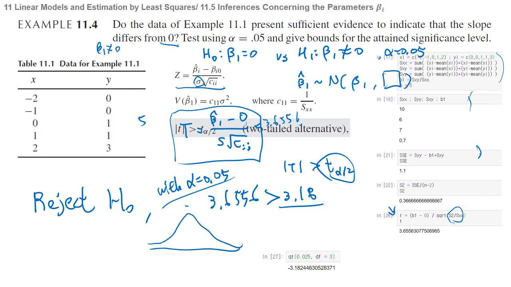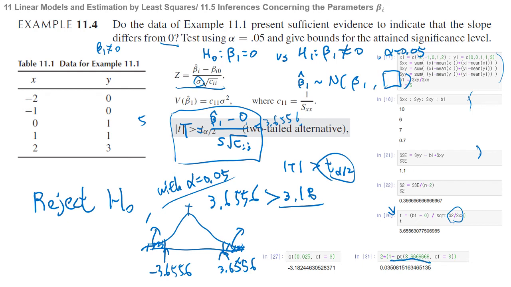We can also calculate our p-value. This is the t-distribution, and our test statistic is 3.6556, and the area in this part and this part, this one is minus 3.6556. The sum of these two areas is the p-value. So it is 2 times 1 minus pt(3.6556).